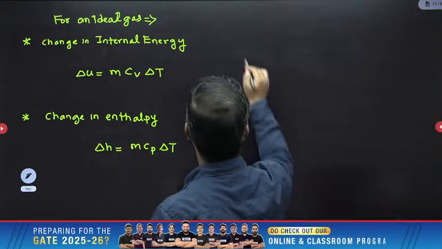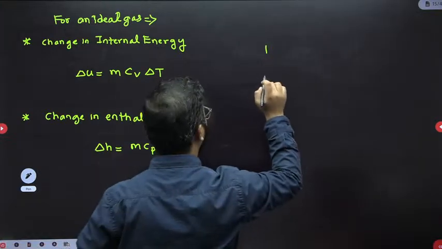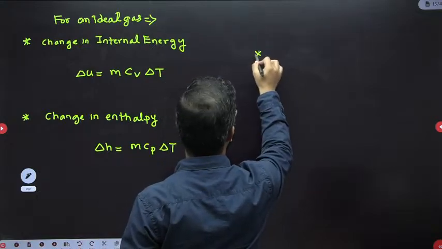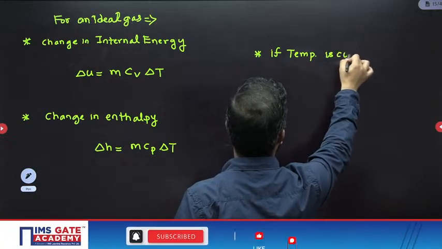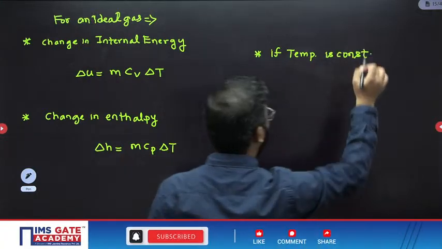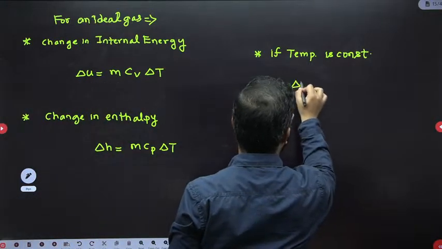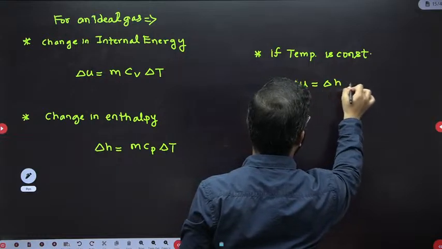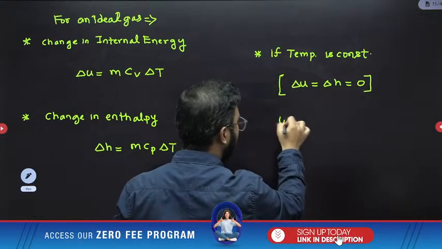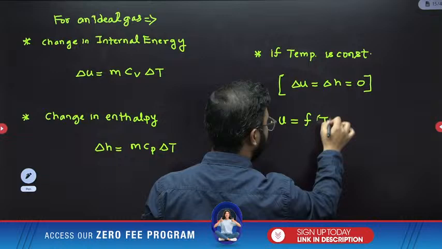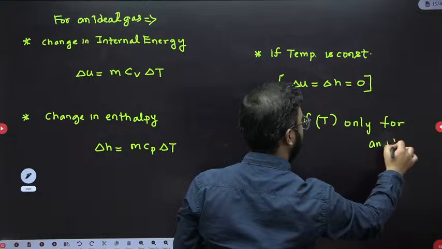Now, coming to the next important part, we are talking about ideal gas only. If temperature is constant, what will happen? Delta U and delta H equal 0. Remember this part, because internal energy is a function of temperature only for an ideal gas.